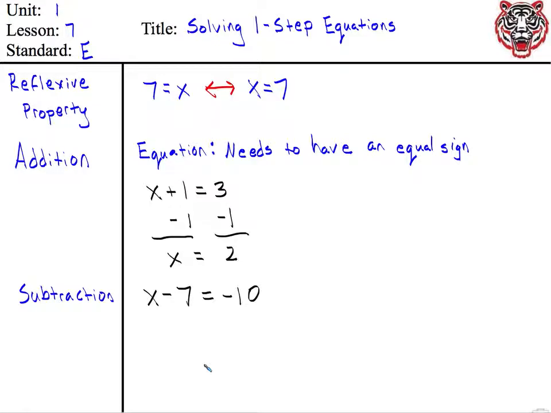Raise your hand and don't shout it out when you think you have the answer for x. I see 1 hand, 2 hands, 3 hands, 4 hands, 5 hands, 6 hands, 7 hands. I need to make sure that I give enough time for everyone to think about this.